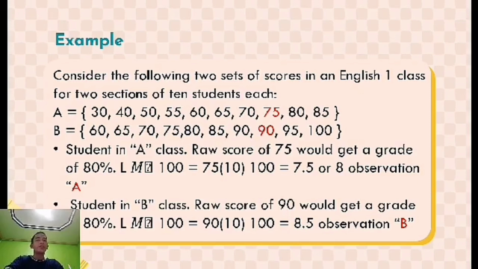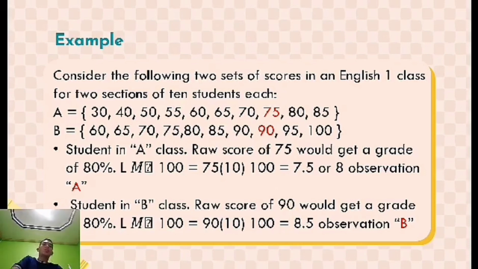As you notice, student A has a raw score of 75, 80%. Then student B has a raw score of 90, and also 80% for the grade. So we can see the gap or the difference between the two raw scores, 75 and 90.